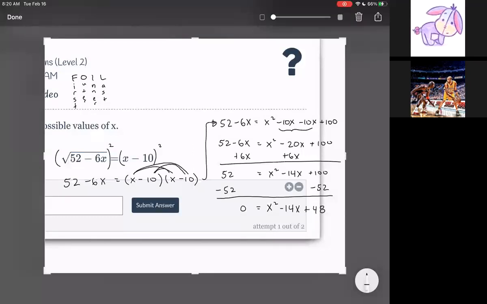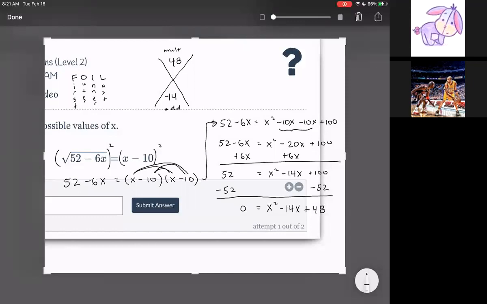All right, so from here, we want to factor. So we have x squared minus 14x plus 48. You want two numbers that multiply to 48 and add to negative 14. So we have to think to ourselves, what two numbers will multiply to positive 48 and add to negative 14? What numbers can you think of?